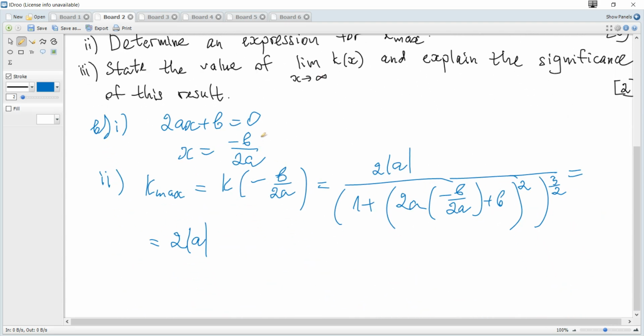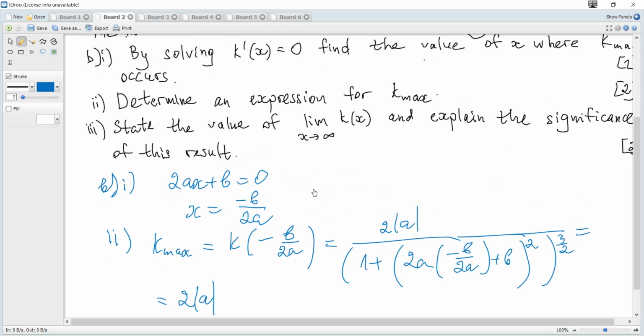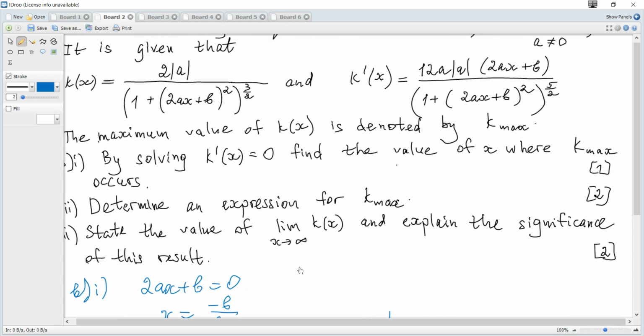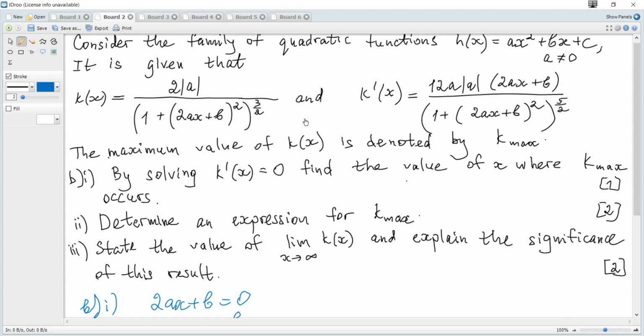The next, state the value of the limit when x tends to plus infinity of k of x, and explain the significance of this result. Let's consider k of x when x is very large positive.